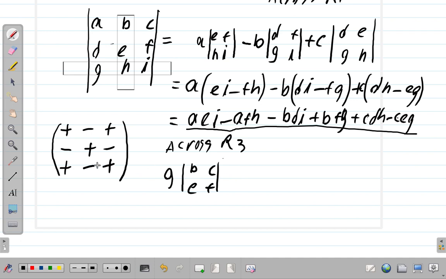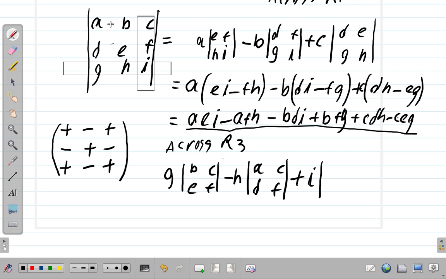H is associated with a minus here, so we minus H times the uncovered elements A, C, D, F. Alright. Then we go across. We cover I. I is a positive here. So plus I times the uncovered elements are A, B, D, E. Alright.